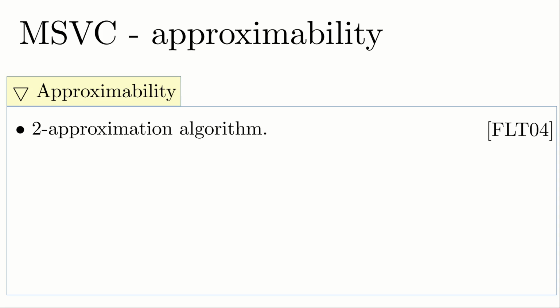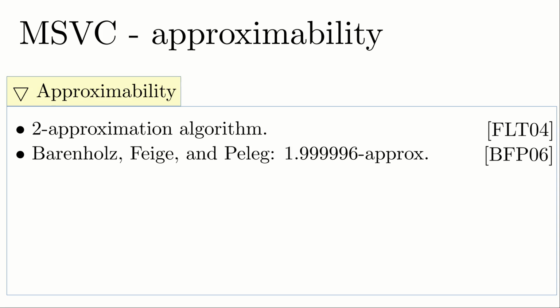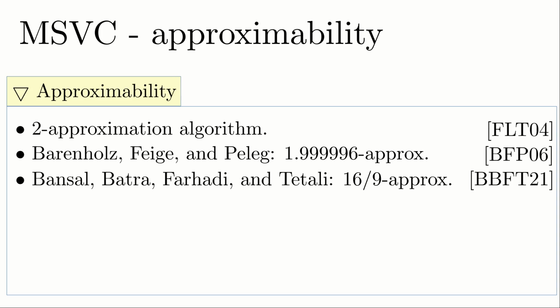As evidence of this, we also have an algorithm of Barenholz, Feige and Peleg, which shows that you can do better than a 2-approximation. And this has been substantially improved in a recent paper of Bansal, Batra, Farhadi and Tetali, who give a 16/9-approximation algorithm for this problem. Let me just mention that all of these results rely on linear programming techniques.